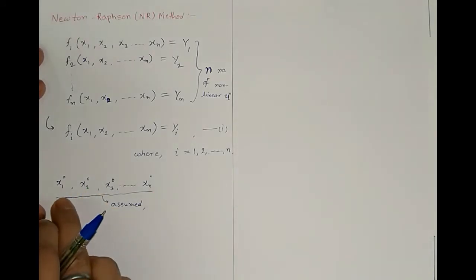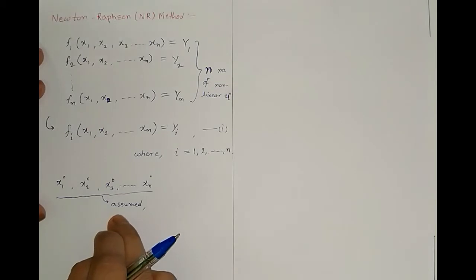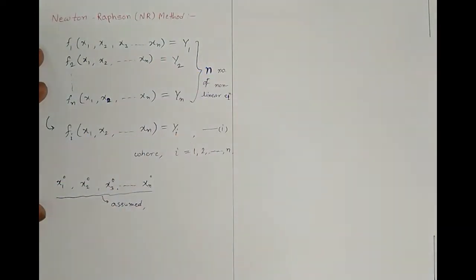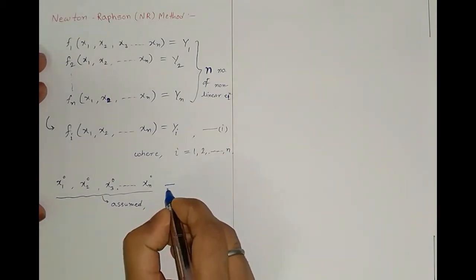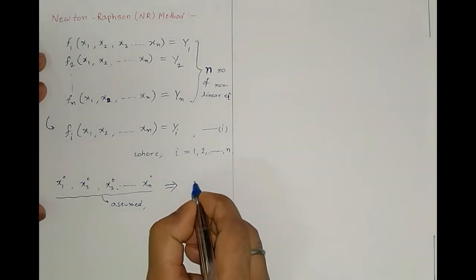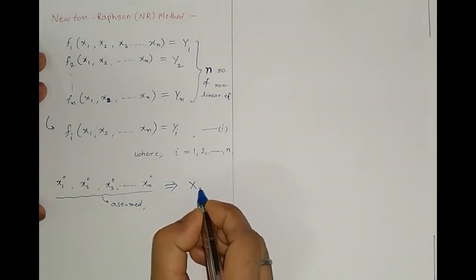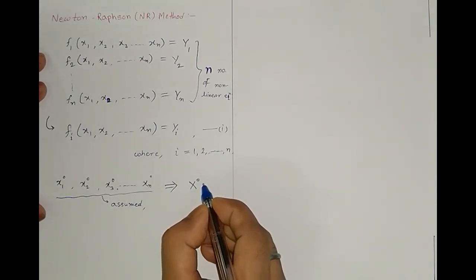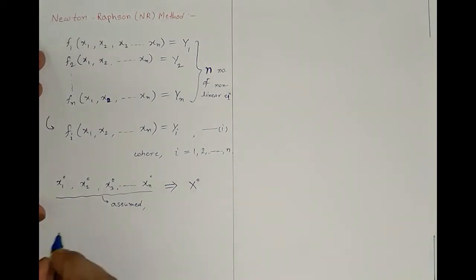By putting these initially assumed solutions in these equations, we will get the errors, obviously, because these are assumed values. Let us call these solutions capital X0, where 0 indicates the initial phase.